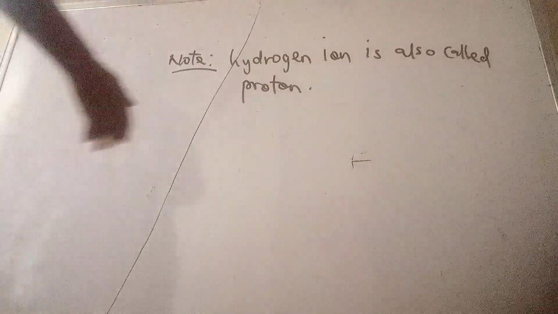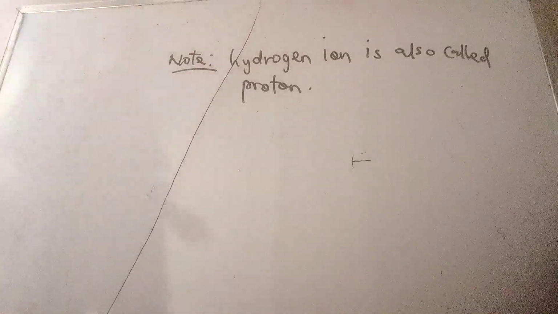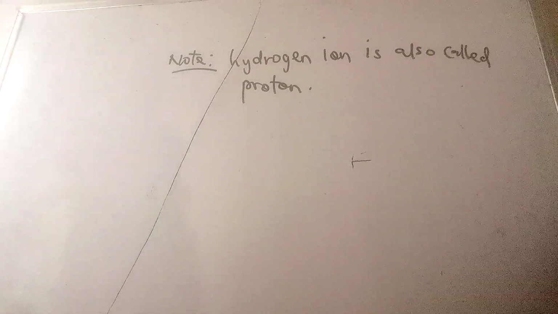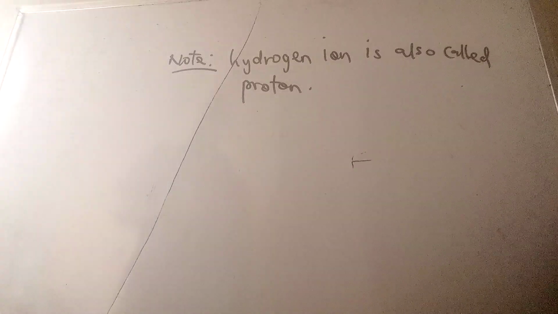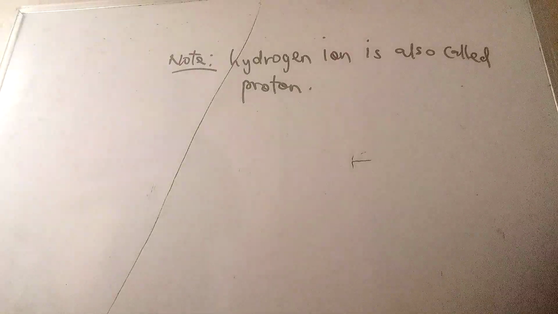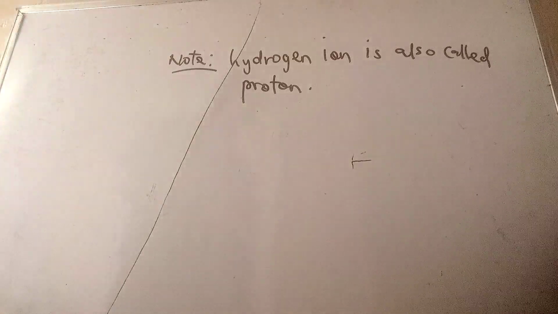Note that hydrogen ion is also called proton. And this means that every acid has this property. And what is that property? It has the property of ionizing into hydrogen ion in every molecule, or producing an ionizable hydrogen atom in a molecule.